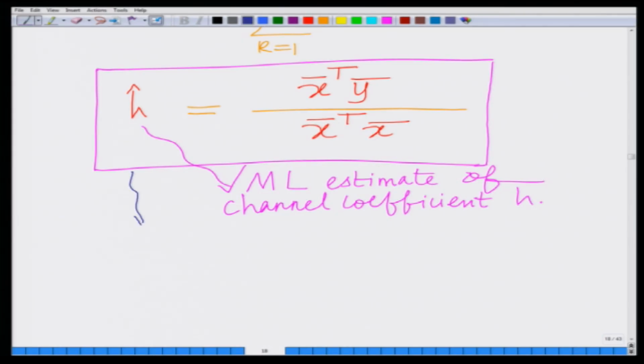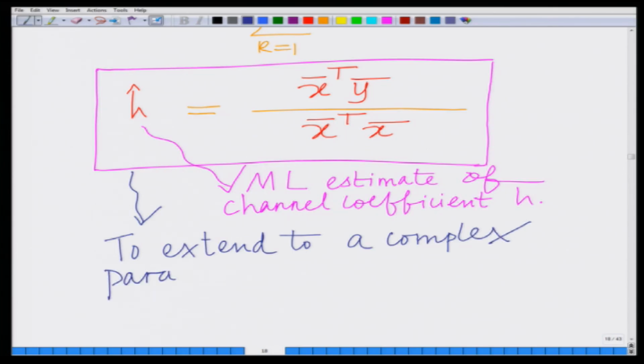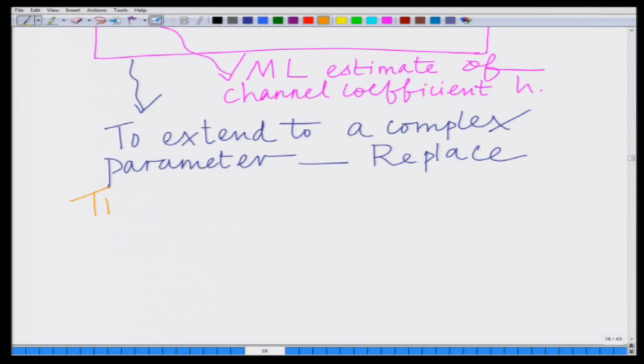To extend this to a complex parameter h, simply replace the transpose by the Hermitian, which is basically your conjugate transpose operator.